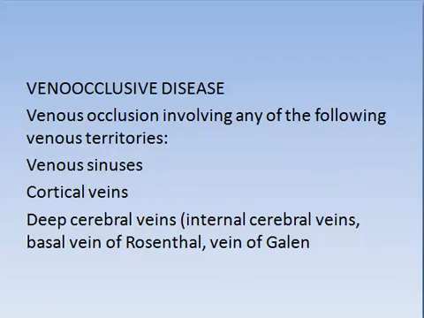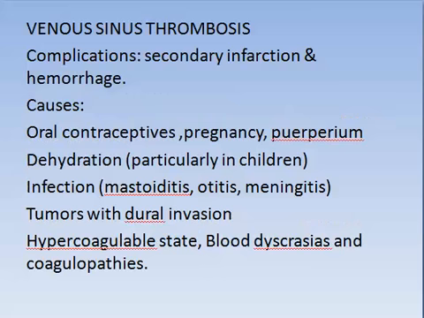Veno-occlusive disease can involve any of the following: venous sinuses, cortical veins, or deep cerebral veins, including the internal cerebral veins, Rosenthal, or vein of Galen. Complications of venous sinus thrombosis are secondary infarction and hemorrhage.